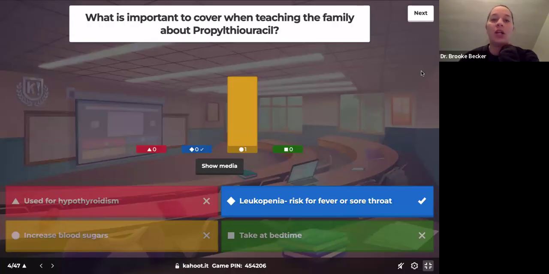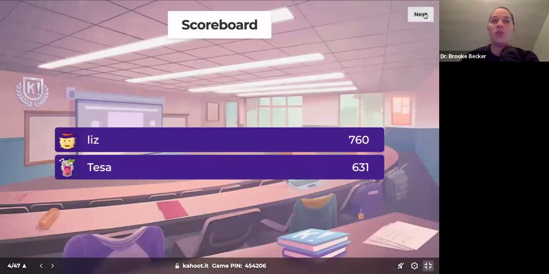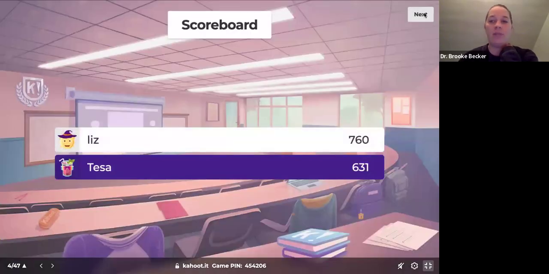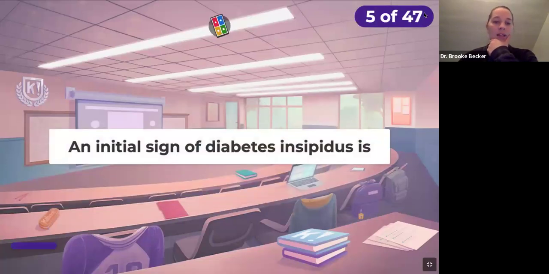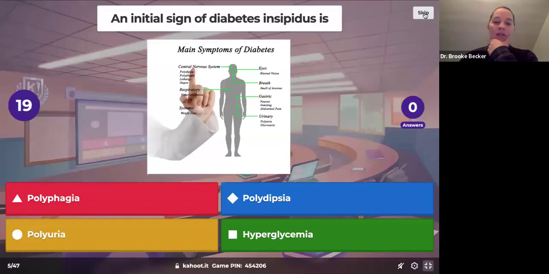Okay, so your concern with kids taking PTU would be infection. Okay, so teaching parents about the risk of infection. Good. Okay, multiple select. An initial sign of diabetes insipidus is polyphagia, which is red, polydipsia, which is blue, polyuria, which is yellow, or hyperglycemia, which is green.